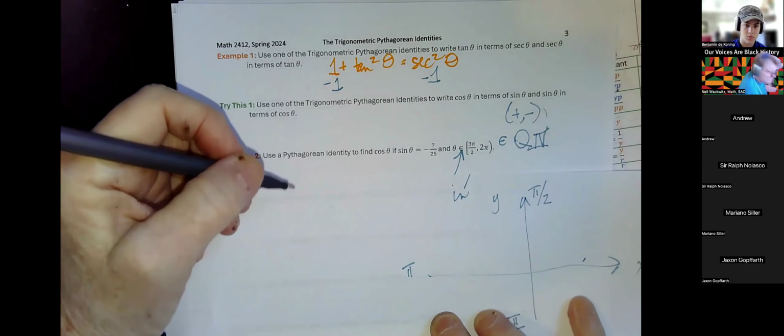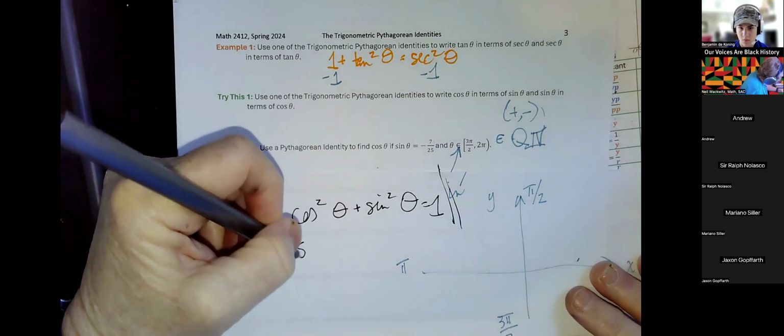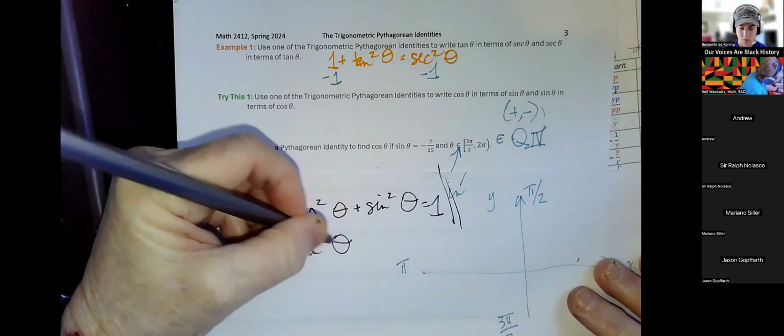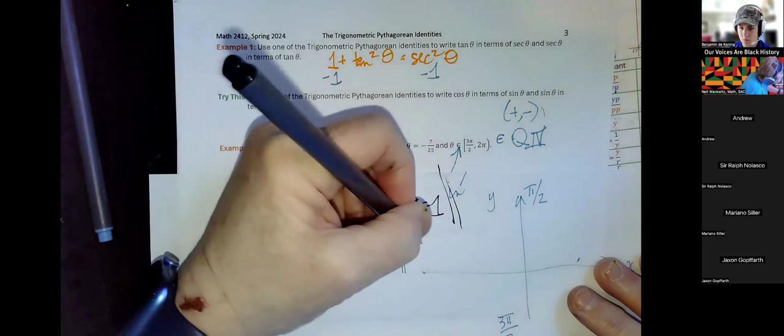And since we're given sine and we want cosine, I'm going to do very quickly what y'all just did. We've got sine squared theta equals 1 minus cosine squared theta. And what's the key step? Square root with the plus or minus. That's right. Beautiful.